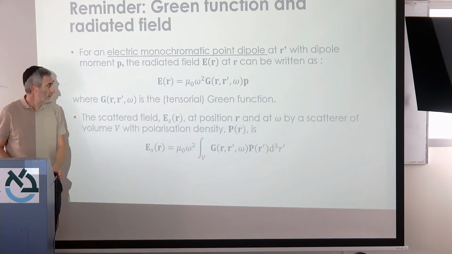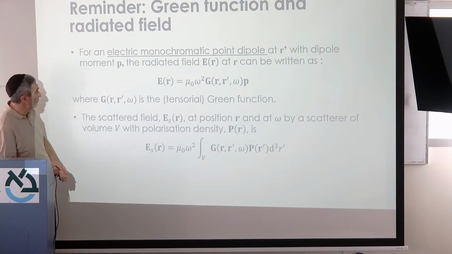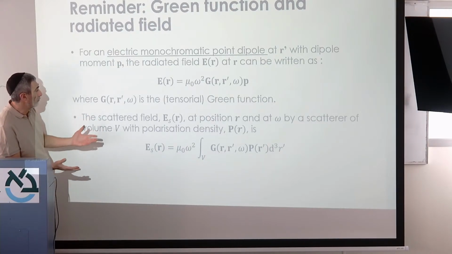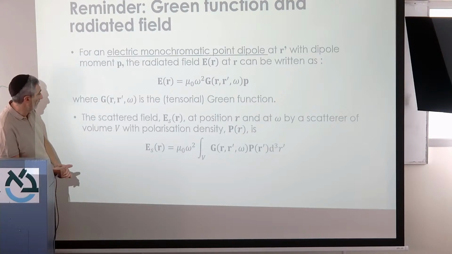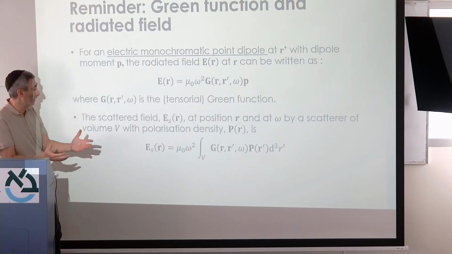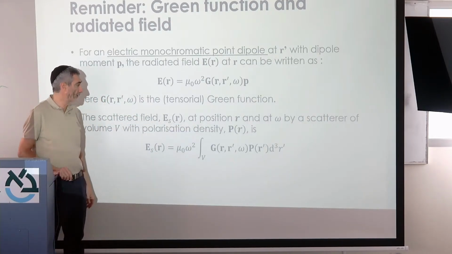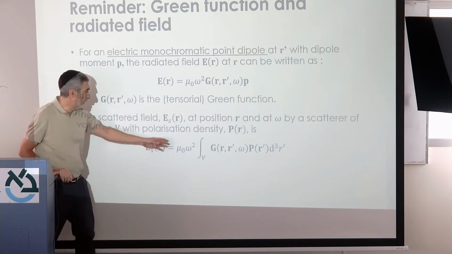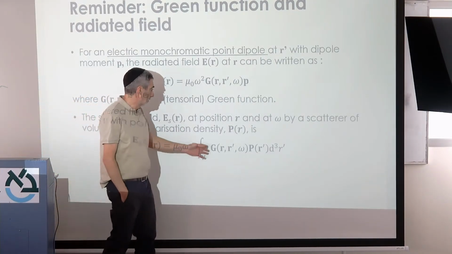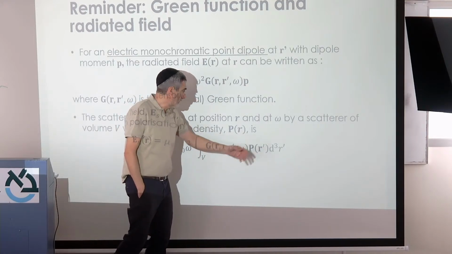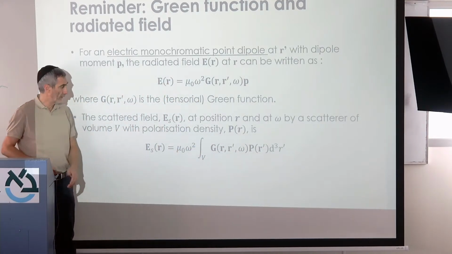Then, instead of a point dipole, you consider a distribution of dipoles. So the radiated field, or the scattered field, as I put it here, at position r and frequency omega, by a given scatterer of any shape, of volume V, with some polarization density p of r, is given by integrating the product G times p over the volume.